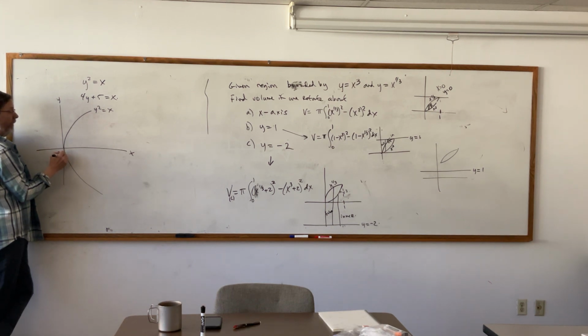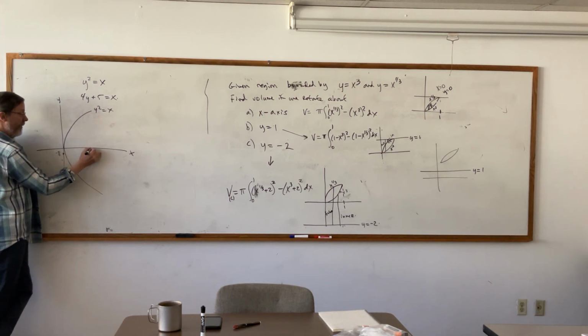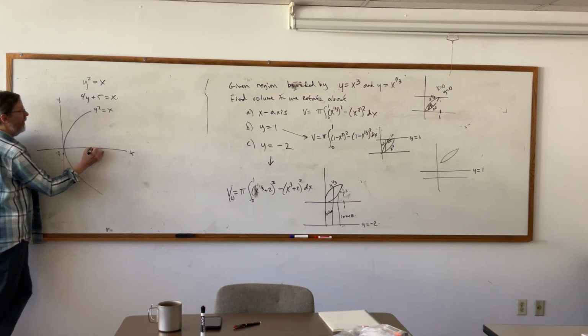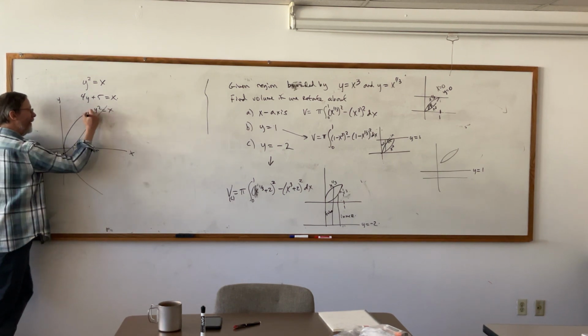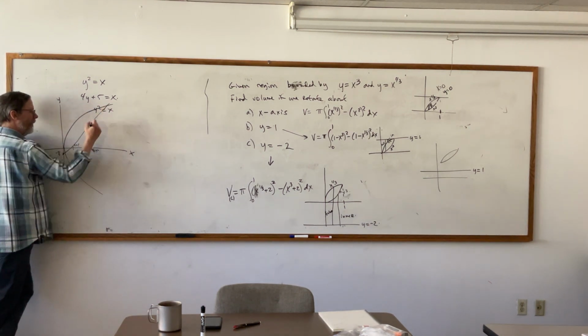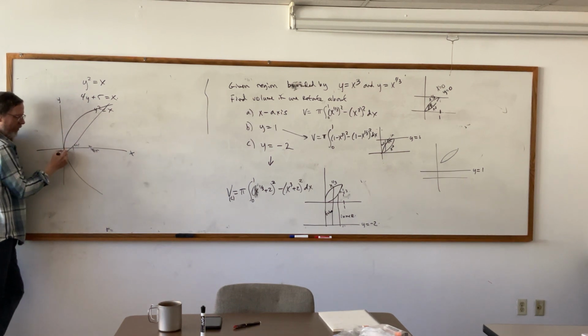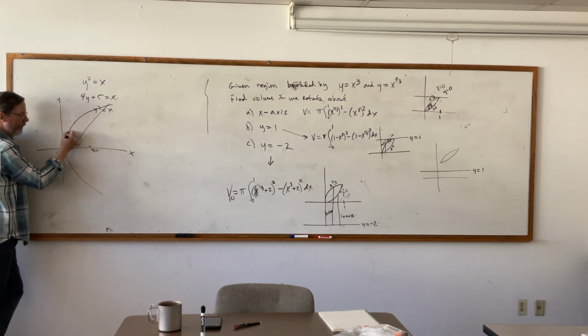And when y is 0, x equals 5. So we'll say like right here. I'm going to exaggerate this. Let's say that's x equals 5, because otherwise it's going to be really weird. So is this what your region's looking like, Gabe? Like this little bow? Yeah. Okay. Cool.